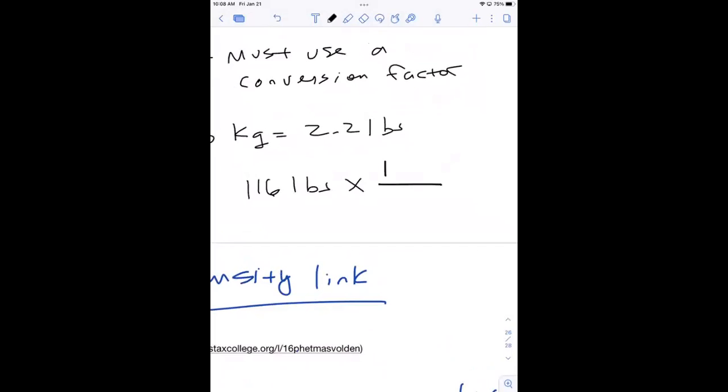Do I want to put pounds up here? No, you want to put kilograms. You want kilograms up top because otherwise you'll have a square of the unit, and we don't want that.